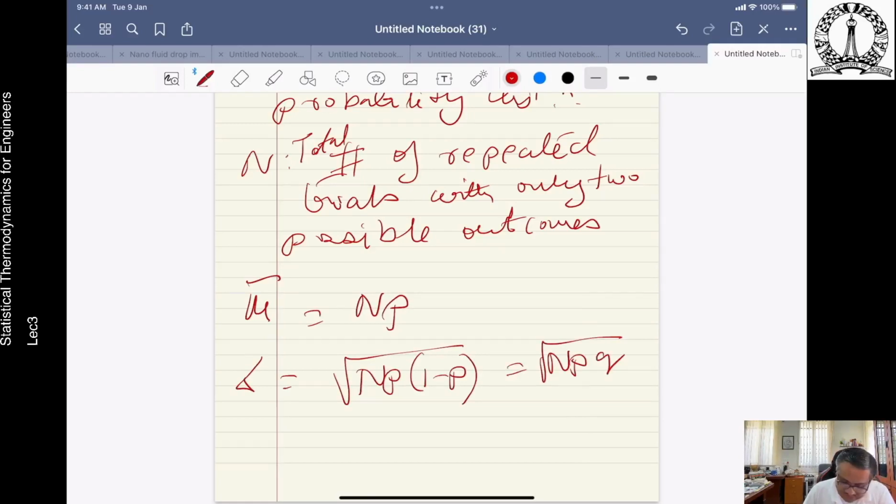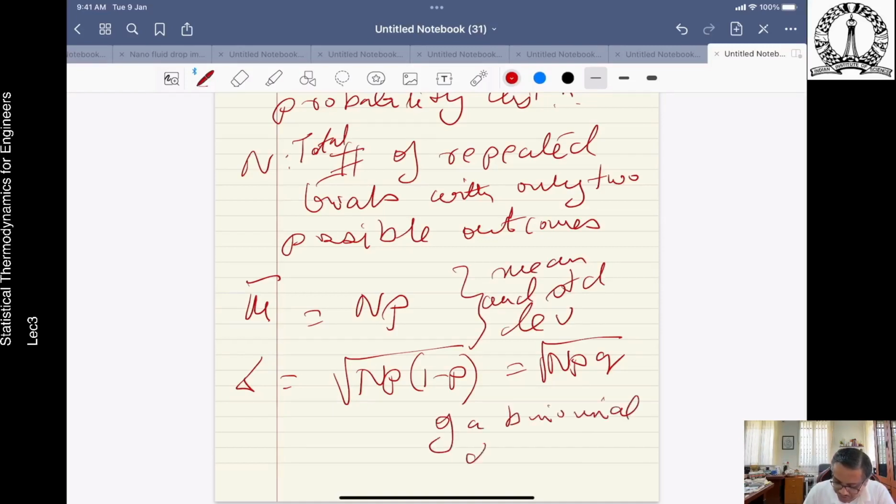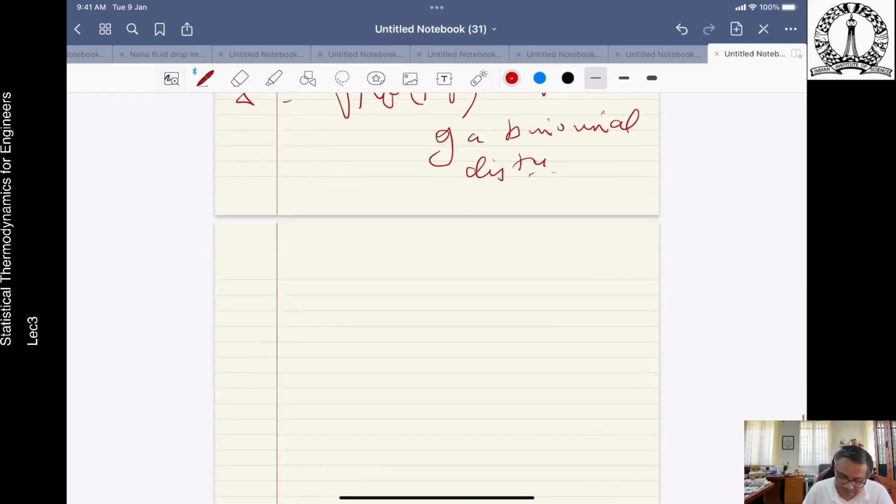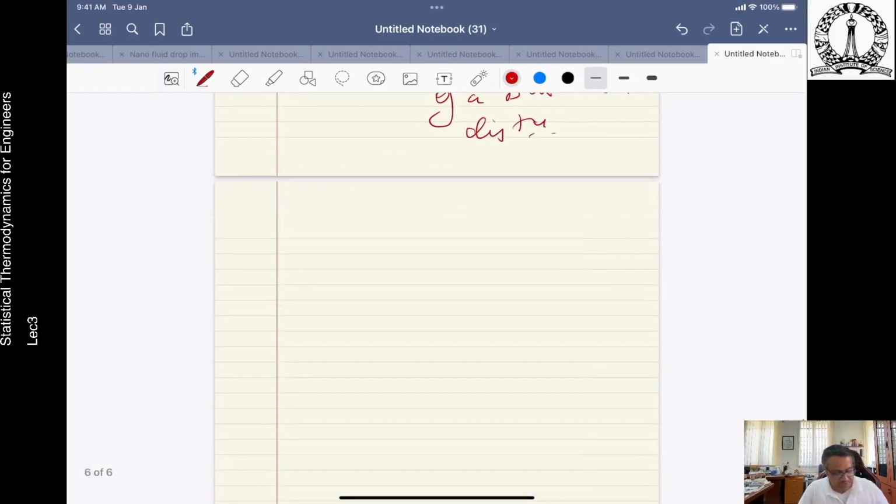So this is the mean and the standard deviation of the binomial distribution. This is already something that we may have read earlier.